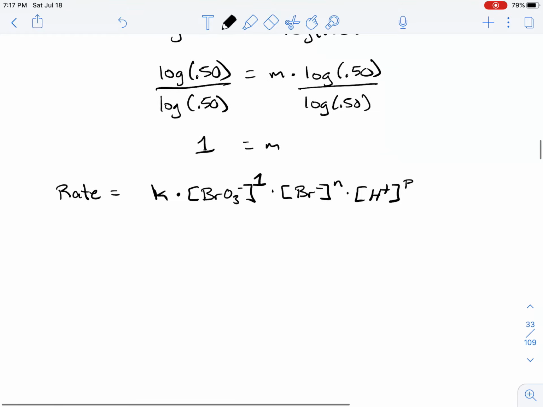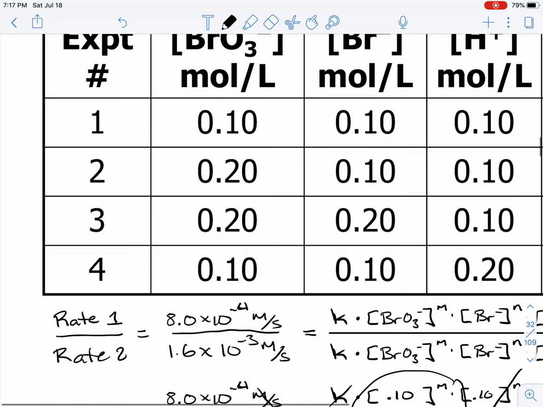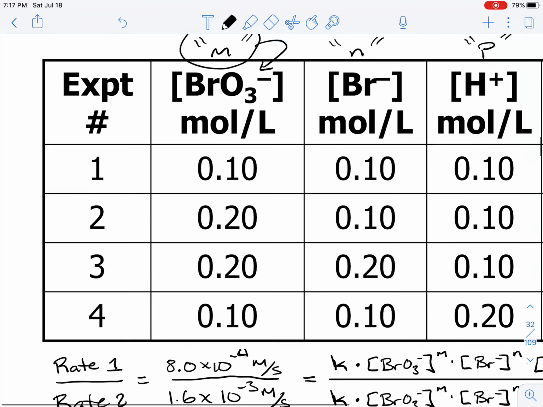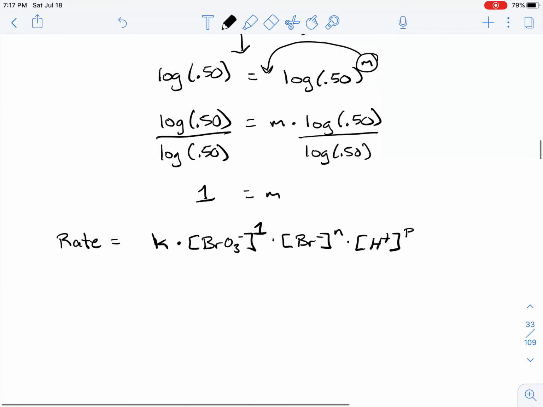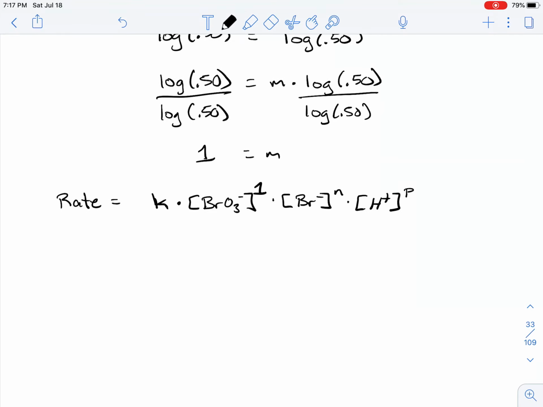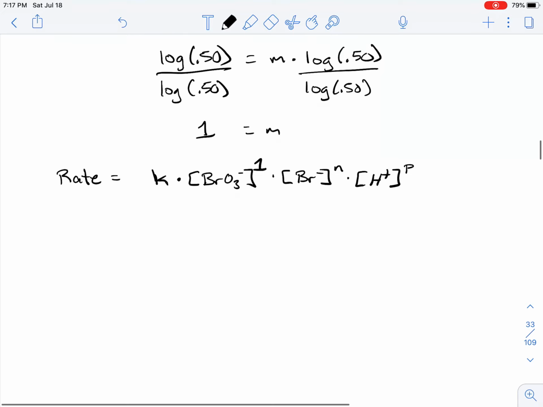Okay. And so notice that since I solved for m, that means the value of m is going to go towards bromate, not bromide, not H+. So you want to make sure that you're placing those orders of reaction correctly in the general rate law equation.